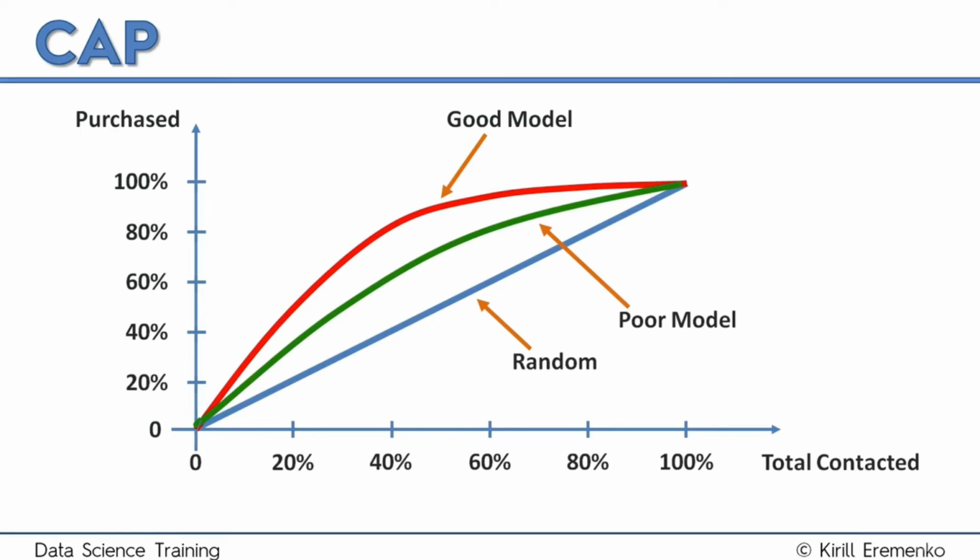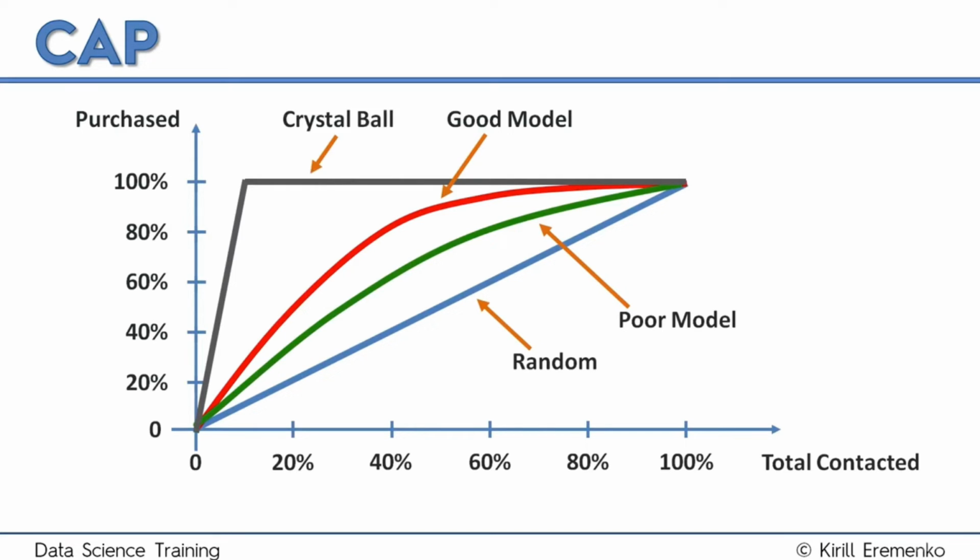And there's one more line that you can think of here, and it's this line. This line is the ideal line. And this is what would happen if you had a crystal ball. If you could predict exactly who is going to purchase and contact those people, this is what it would look like. Why? Well, if you look at the place where that spline occurs, you will see that it's exactly 10%.